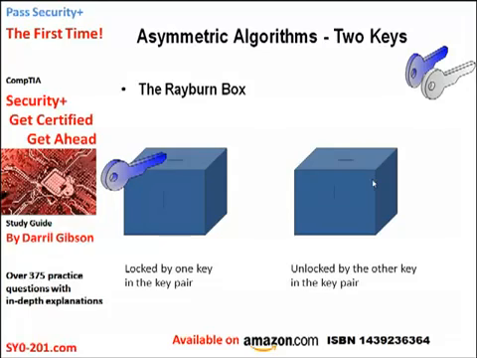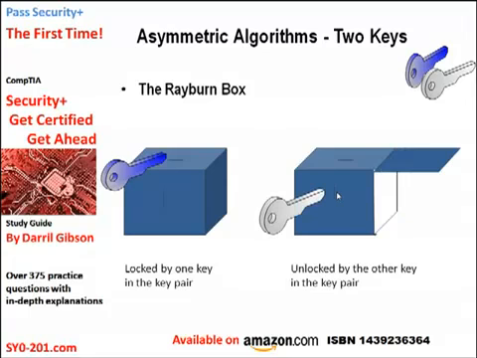So it has another key. We can stick that other key in the other keyhole, and now that other key can unlock it. All right, now once it's unlocked, this key can't lock it again. This key can only unlock it once it's locked. You want to lock it, you have to go back to here. And these two keys are both matched to this box.